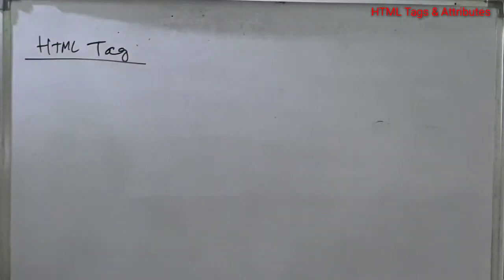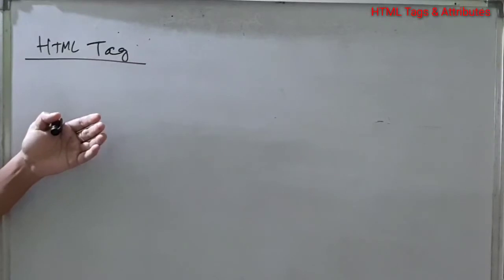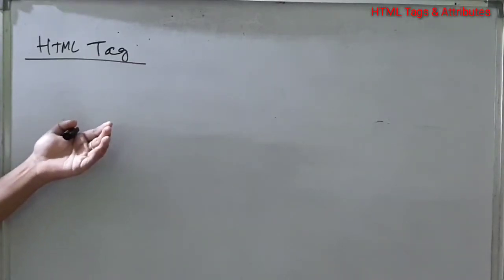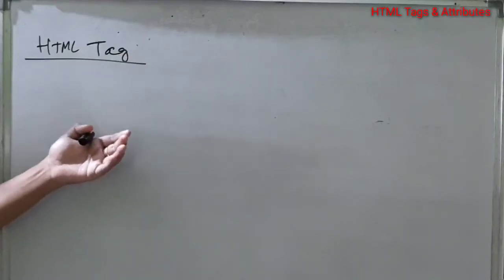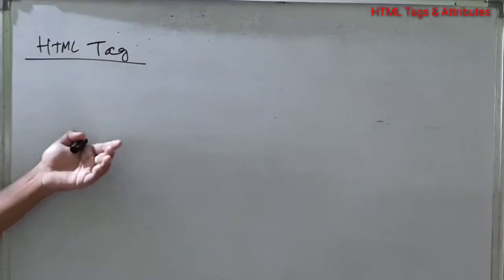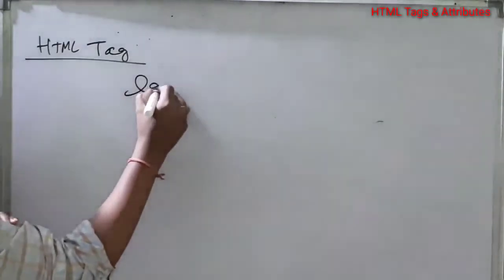In HTML, what does a tag mean? An HTML tag is a command that indicates the layout or display of the whole or part of the web page. It displays a layout.